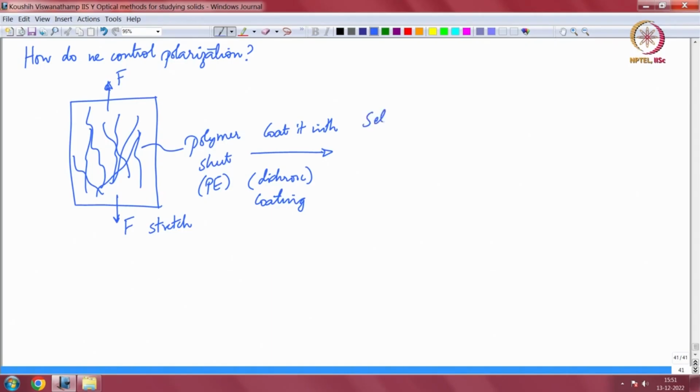So they will allow selective transmittance. So only parallel to the stretch, right. This is what you call a linear polarizer sheet.